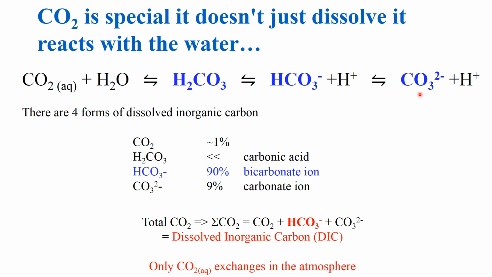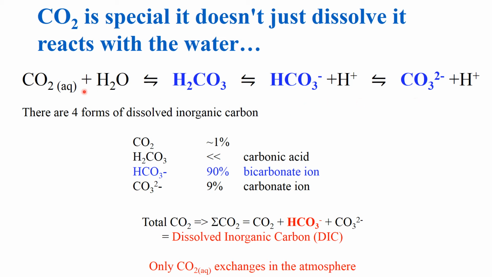And what this means is that this can basically hide away these carbon species, because these are not gaseous, so they're not capable of being in the atmosphere. That means we can lock away these forms of carbon, and these can't interact with the atmosphere.